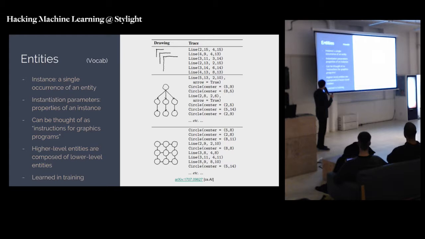So we already know that higher level entities are composed of lower level entities, and that it's going to be organized in this sort of parse tree. And really what I've been skipping out on when I've been trying to intuitively describe what these pose parameters represent is that they're actually learned in training. So even though I'm saying this capsule is looking at the eye, and the pose parameters, the first dimension is the spatial coordinate, second is the angle, this is not actually the case.